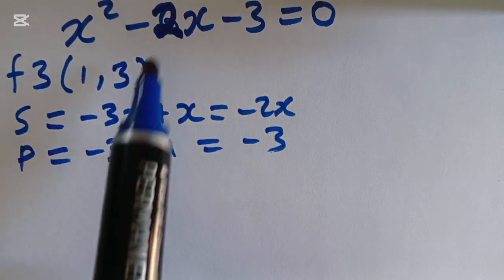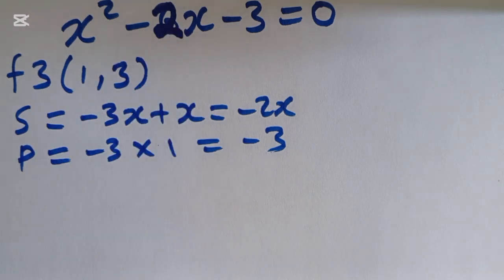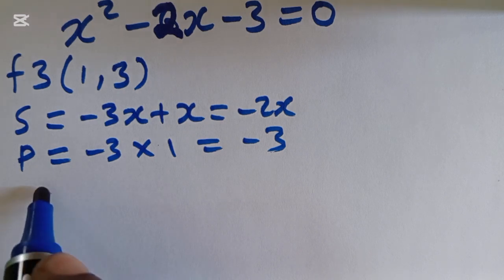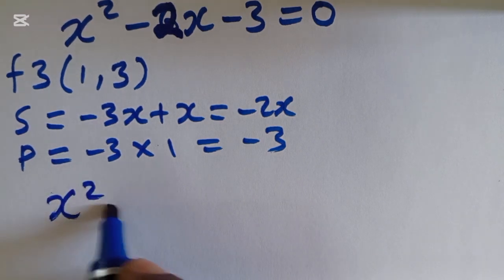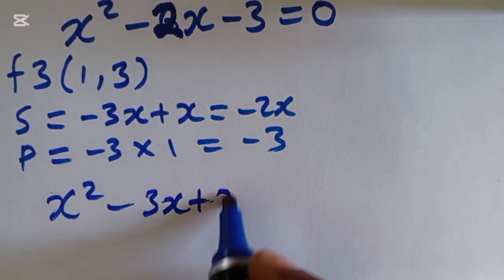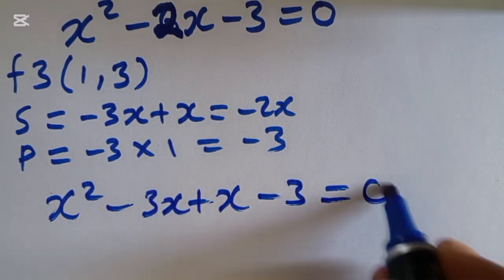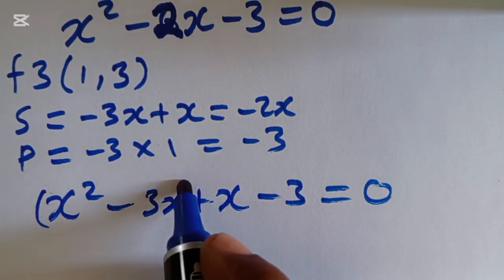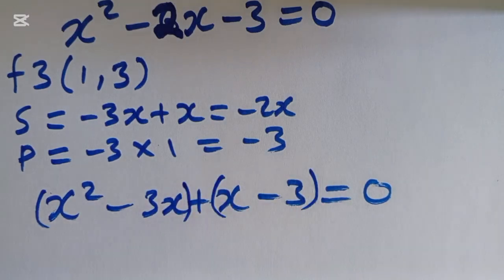So I'll just substitute where there is sum 2x. I'll substitute with negative 3x plus x. So x squared minus 3x plus x minus 3 equal to 0. So I'm going to group.